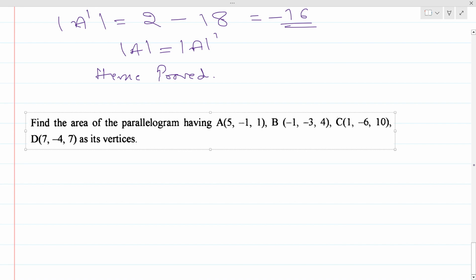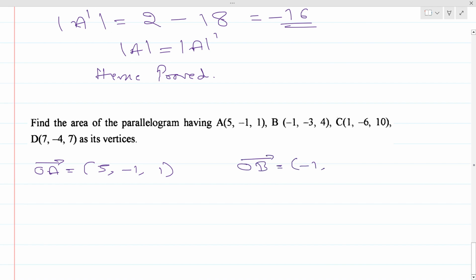For that, we have to find the vectors. These are the vectors OA is 5, minus 1, 1, and OB is minus 1, minus 3, 4, OC is 1, minus 6, 10, and OD is 7, minus 4, 7.